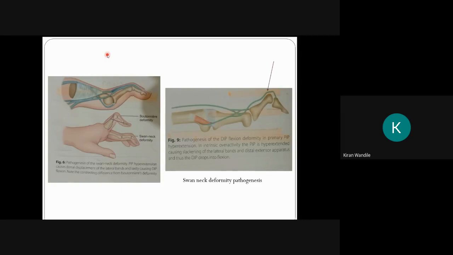Due to this dorsal displacement of the lateral bands, there is a laxity, because normally they are centrally placed. Since the PIP has gone into hyperextension, there is a laxity of the lateral bands, and due to this laxity they are no more able to pull the DIP joint, and it goes into flexion. The DIP drops into flexion.